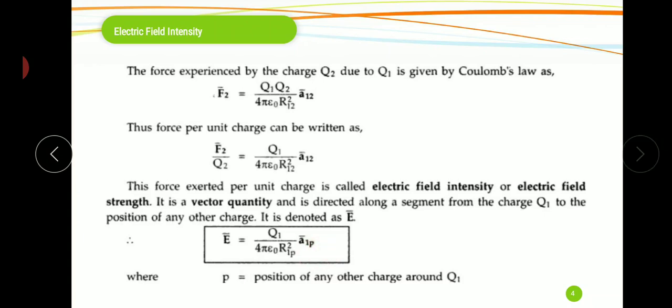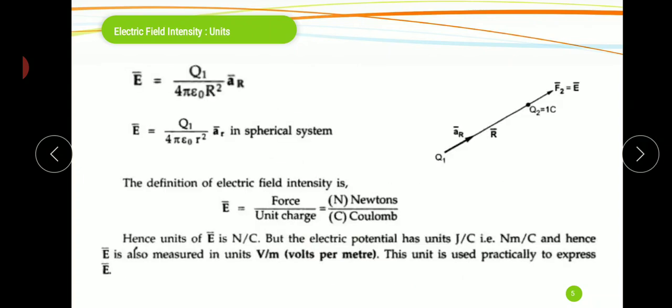Now, electric field intensity units. When you observe this figure, here Q1 and Q2 are point charges. That means around Q1 there is an electric field. Now let us take a point charge at this position.